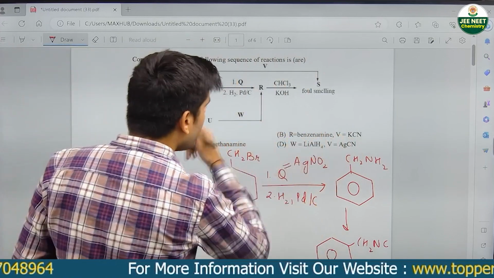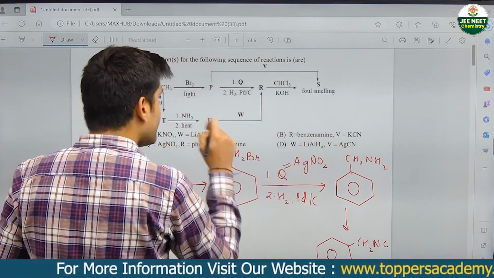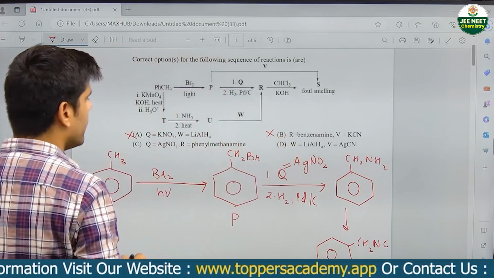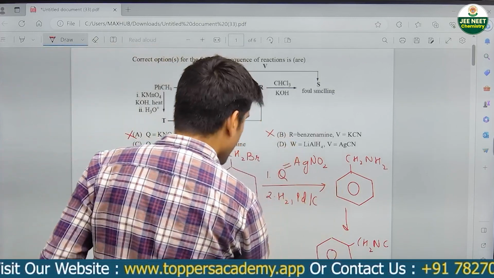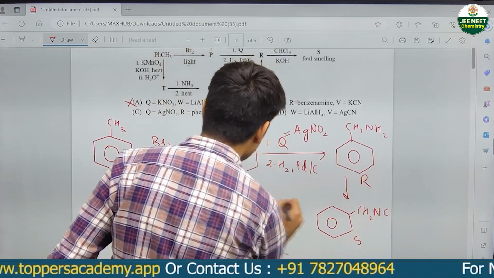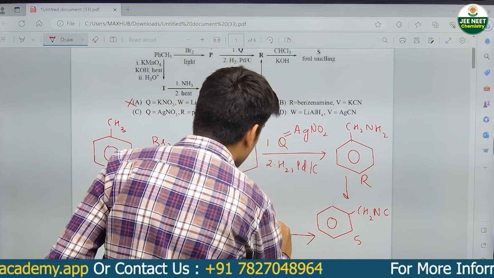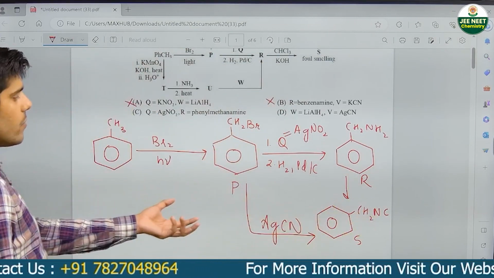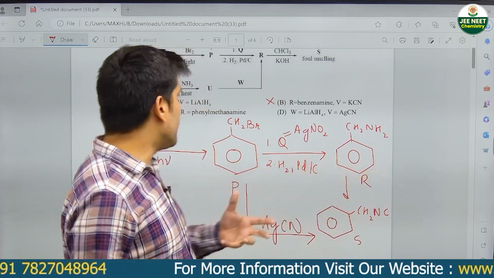So it needs to be AgCN. By that logic, A is eliminated, and B is also eliminated, right? So this is your R and this is your S. From P to S, if you treat it with AgCN, you end up getting this. Why? Because this is a substitution reaction.